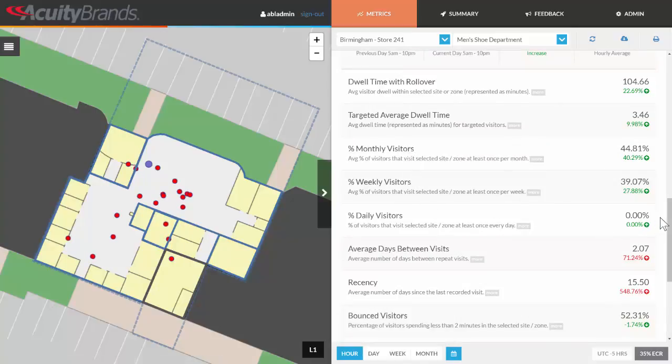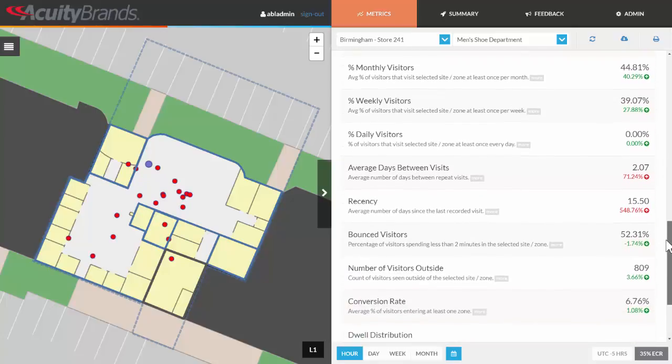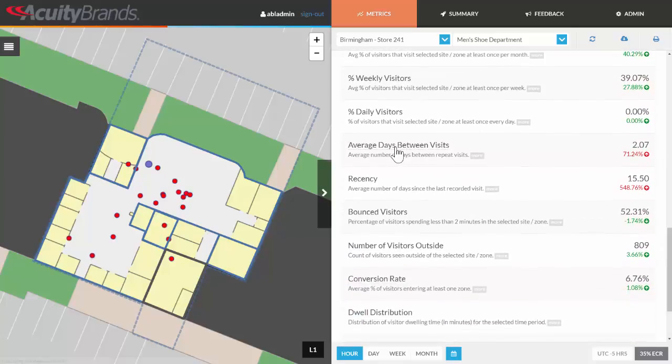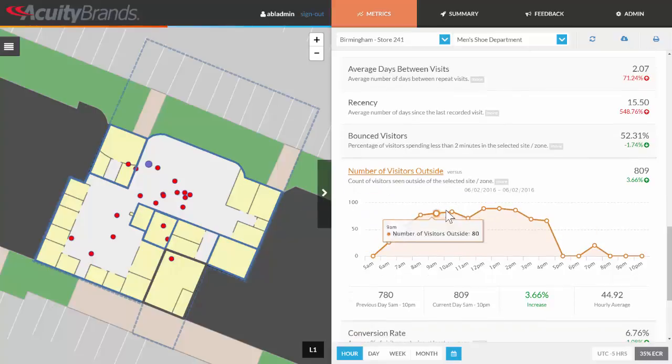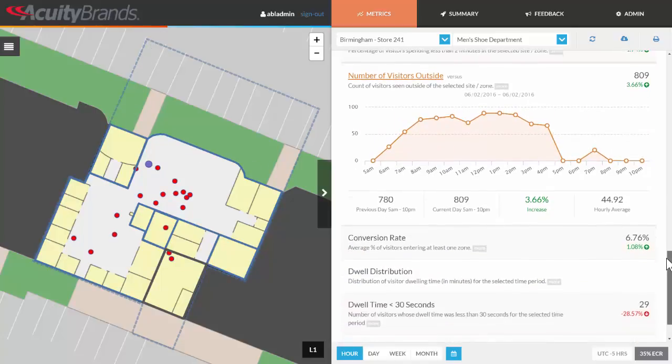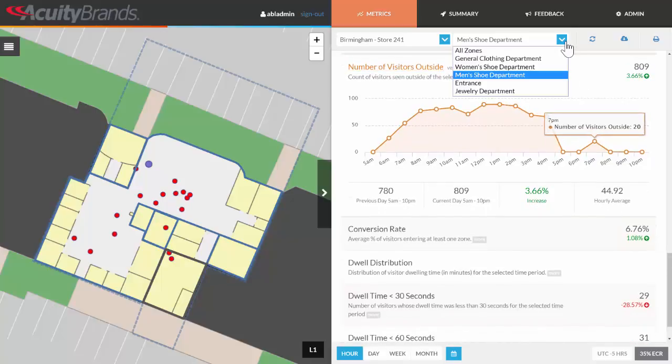I can look at loyalty, monthly, weekly, daily, average days between visits, recency, the bounce rate, how many people came in and left within 2 minutes. And here, if you look at the dashed line around the front of the building, we can detect devices that walk by, and so we get an outside number. But that creates our conversion rate. How many people that walk by actually came in?